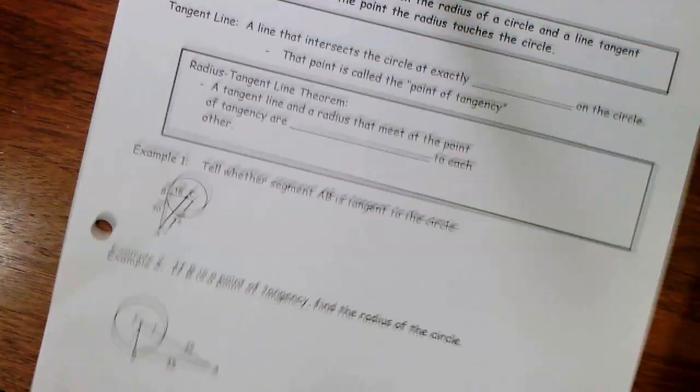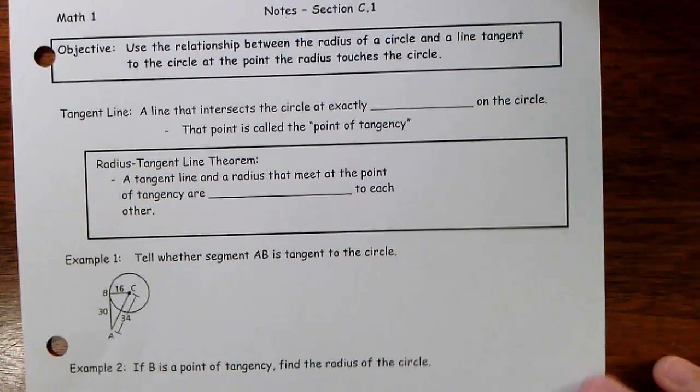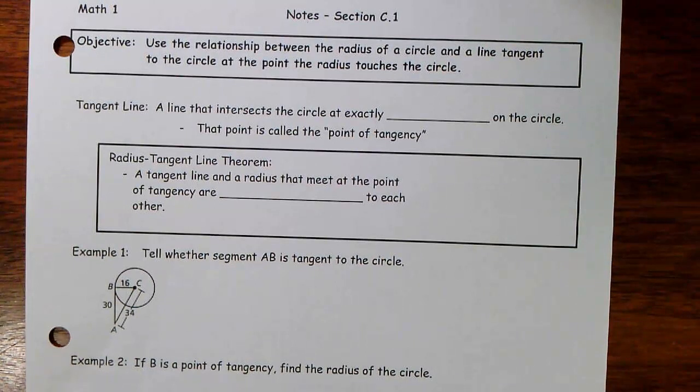So today I'm going to go over something new, and tomorrow I might backtrack a little bit and do some review. But we'll see. So we were doing circles, if you remember, when we left off, and today we're going to look at tangent lines to a circle.